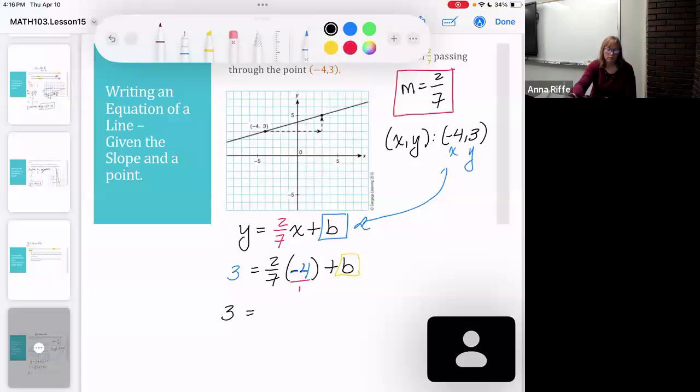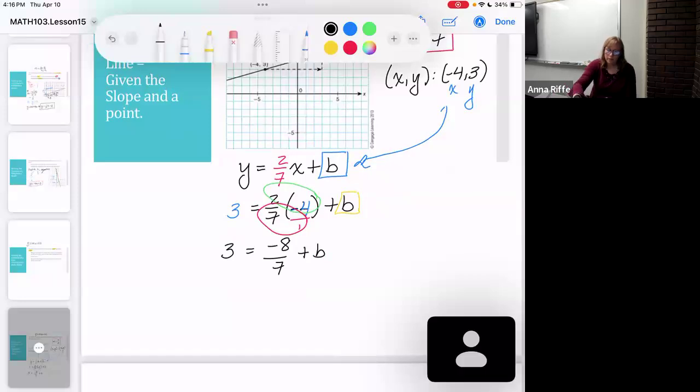To multiply two fractions, we multiply the tops. 2 times -4, and we get -8, and we multiply the bottoms. 7 times 1, and we get 7. We still have plus b.